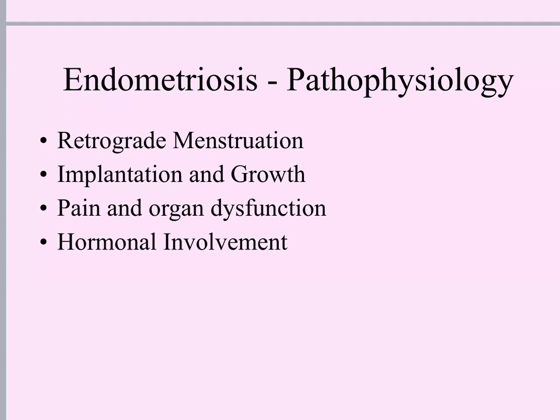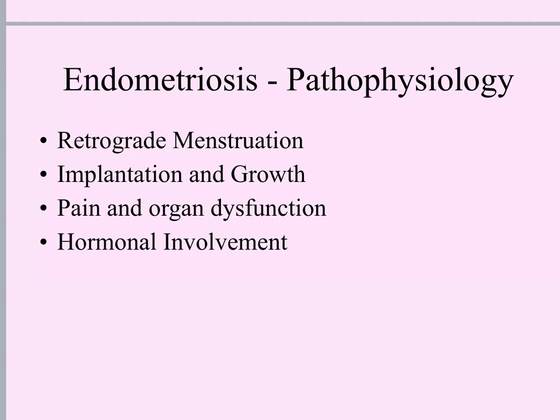During the implantation and growth phase, the misplaced endometrial cells attach to surfaces like the ovaries, the bladder, the intestines, or the pelvic walls. And they invade and grow like normal endometrial tissue would grow inside the uterus.